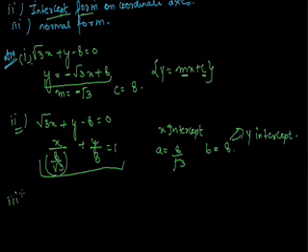Now the third one, I have to convert it into normal form, which is given by x cos alpha plus y sin alpha is equal to p. How will I do it?